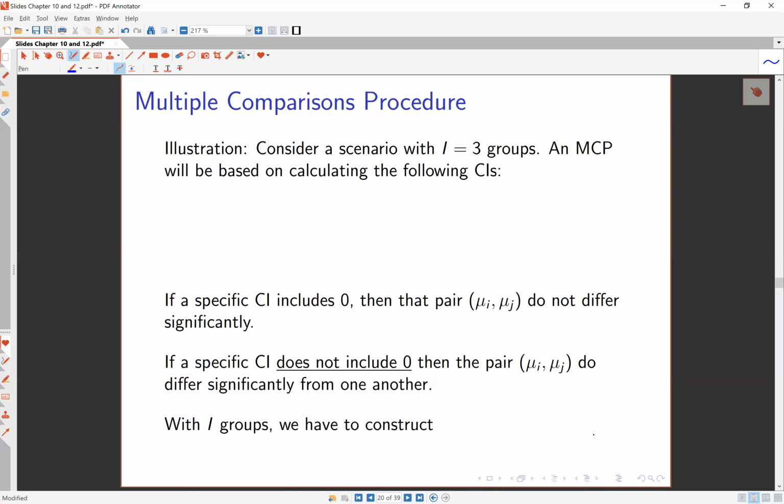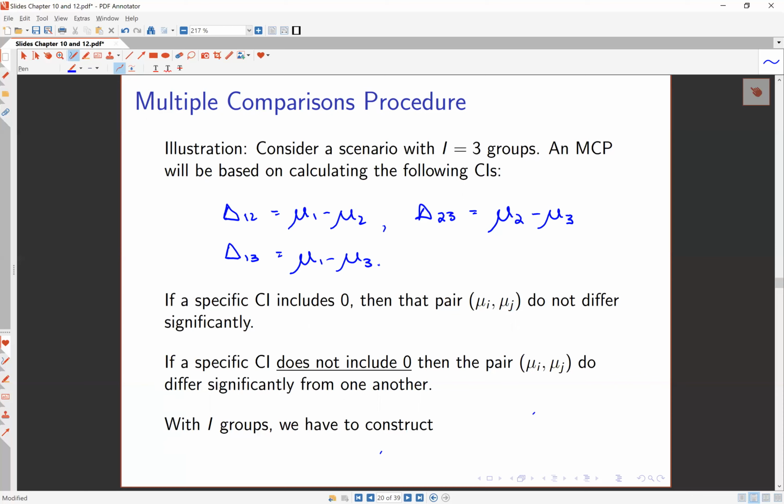In this instance, a multiple comparison procedure implemented directly through confidence intervals would construct a confidence interval for what I will call delta 1,2, the difference between the first two treatment means, delta 2,3, the difference between the second and third treatment means, and delta 1,3, the difference between the first and third treatment means.